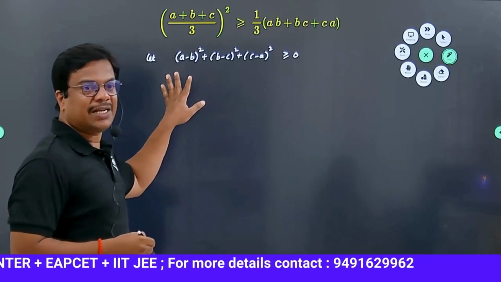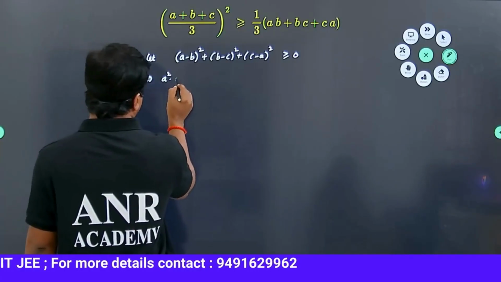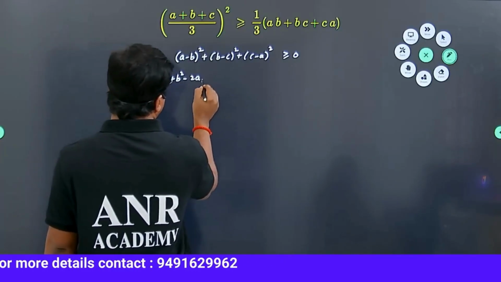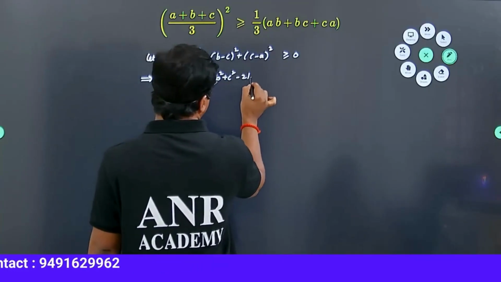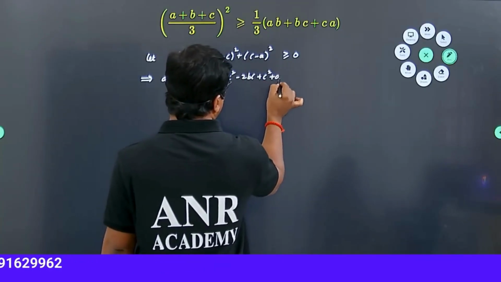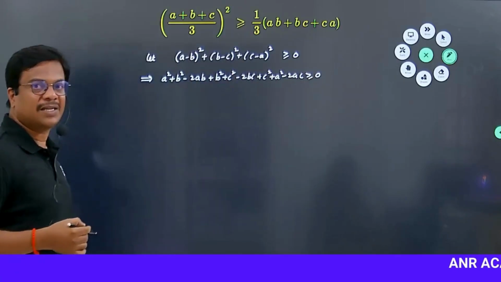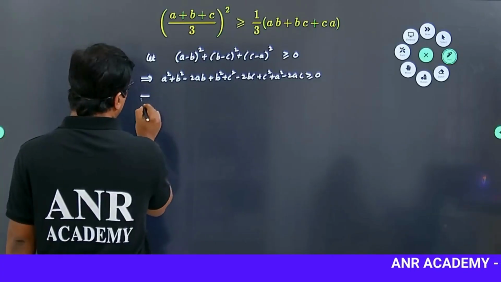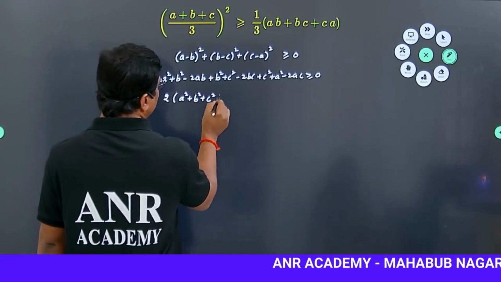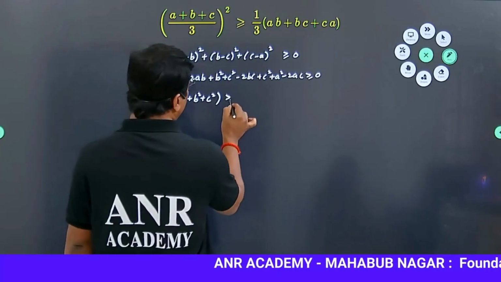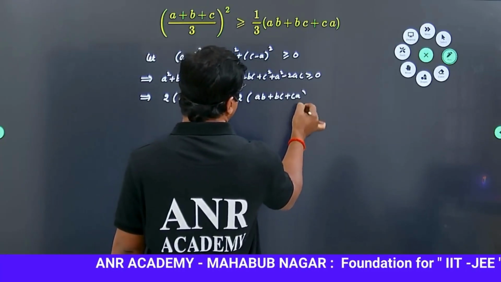This implies a square plus b square minus 2ab plus b square plus c square minus 2bc plus c square plus a square minus 2ac, which is greater than or equal to 0. Next, I can write 2 times a square plus b square plus c square, which is greater than or equal to 2 times ab plus bc plus ca.